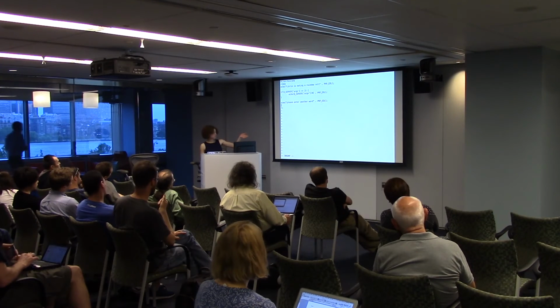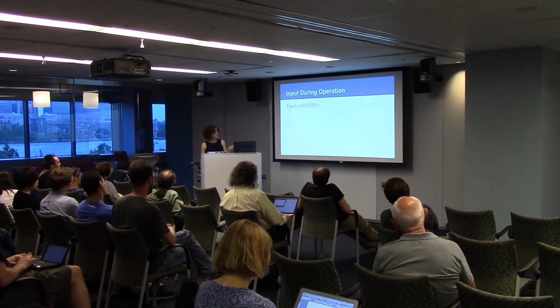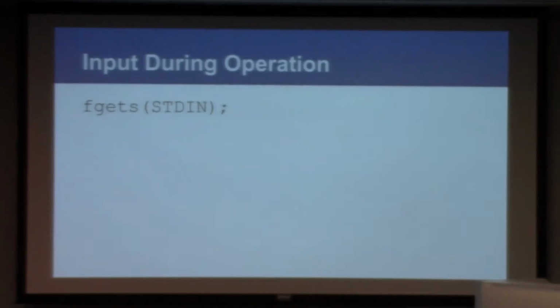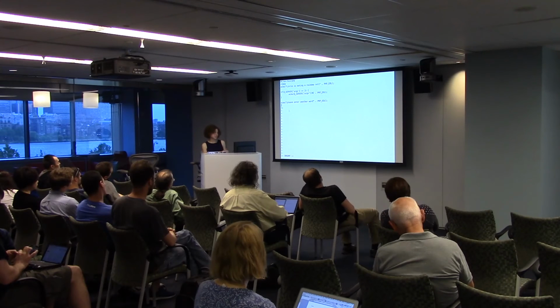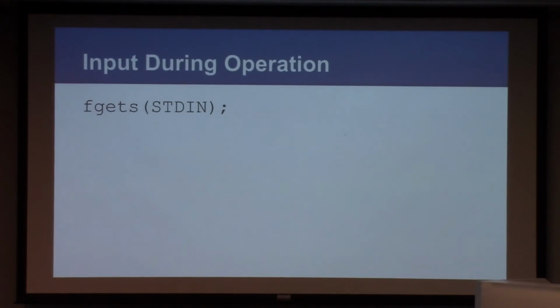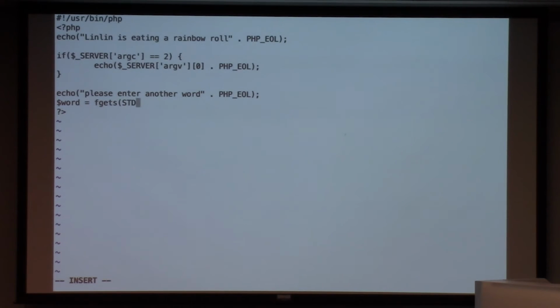So that's just saying, please enter another word. And then I use this fgets function to expect another word, to tell PHP that I need another word. I do that by having a variable name, and I'll just call that word equal to fgets. What is it, stdin? Yes. And then I'll echo out what the word was.